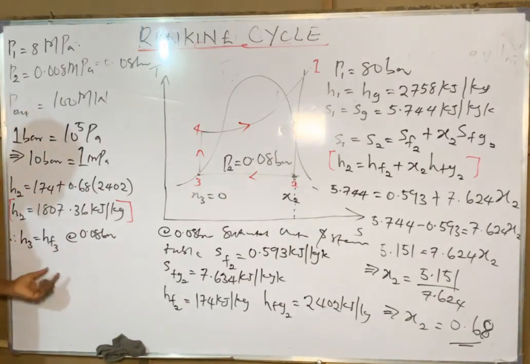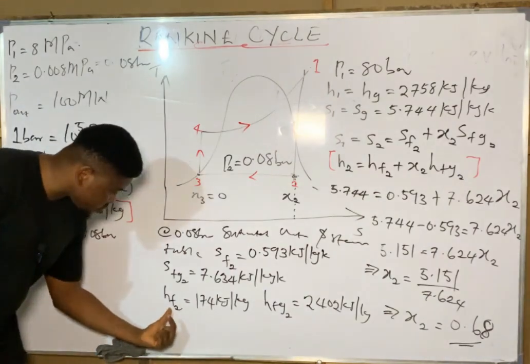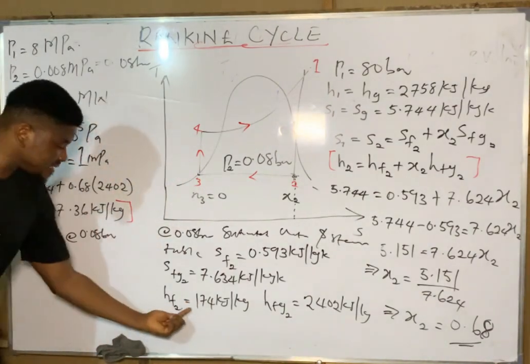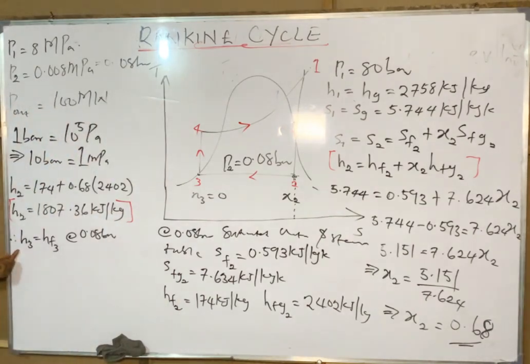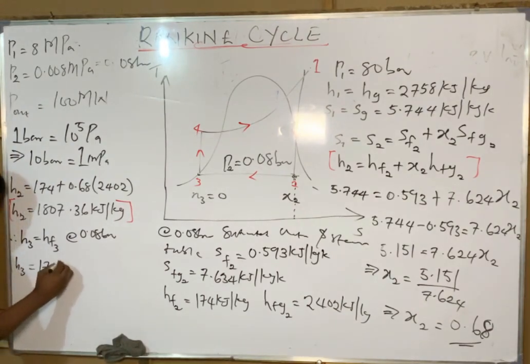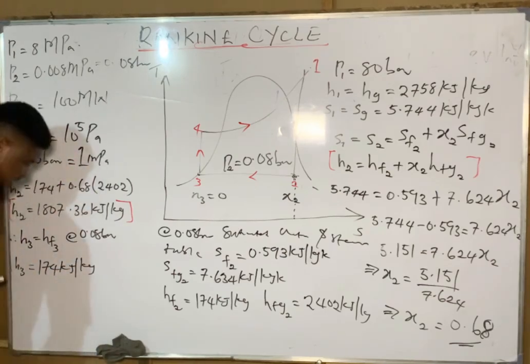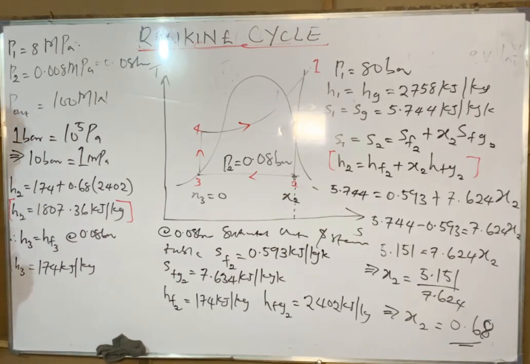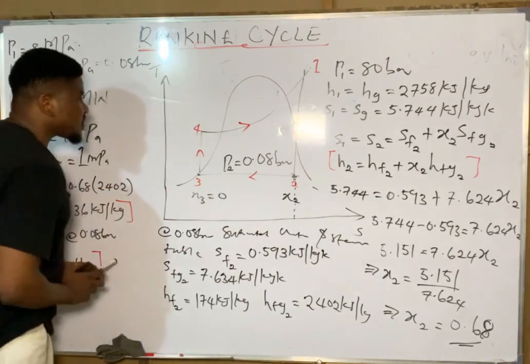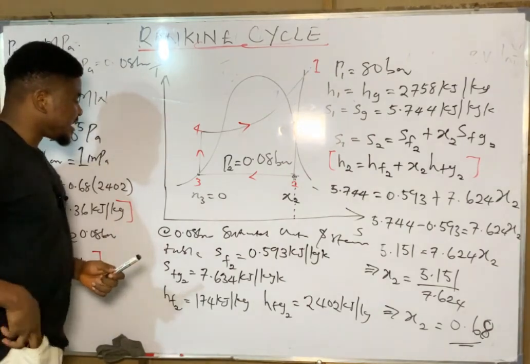What is HF? That is what we found there as HF2, 174. So this becomes the enthalpy at state 3. Therefore, H3 equals 174 kilojoules per kilogram. So this is now our third enthalpy, H3. So we have the enthalpy at state 1, enthalpy at state 2, and enthalpy at state 3.